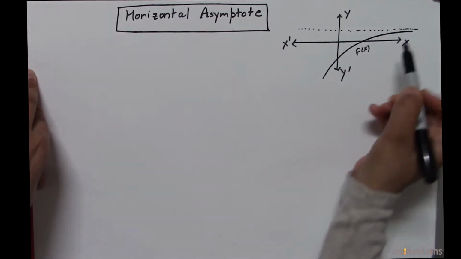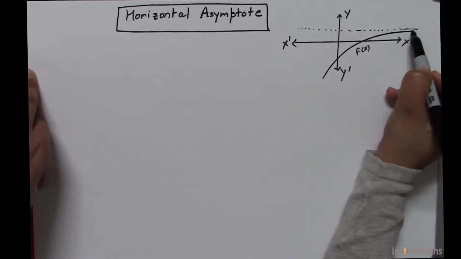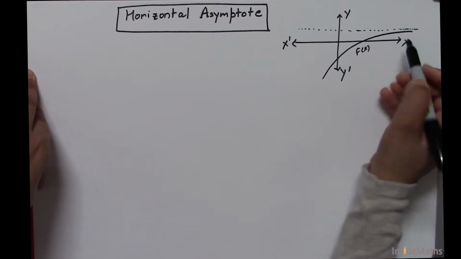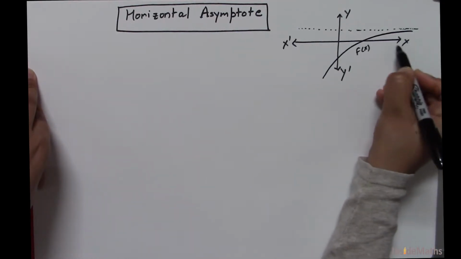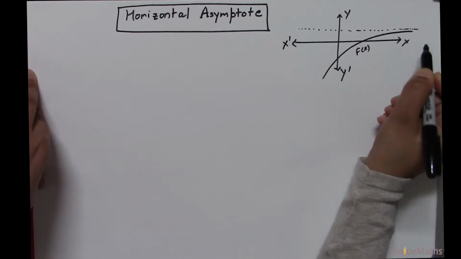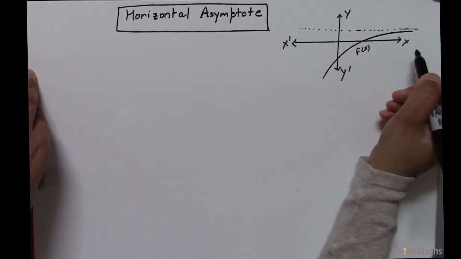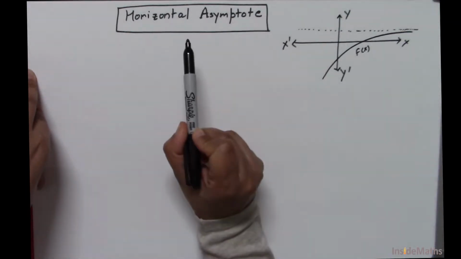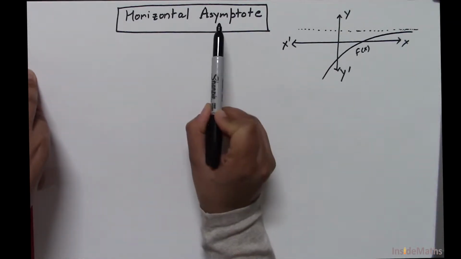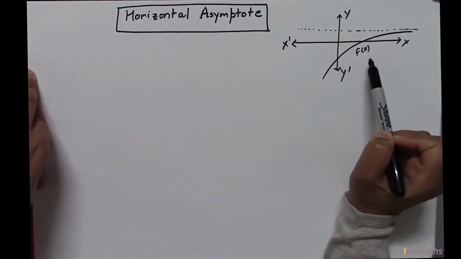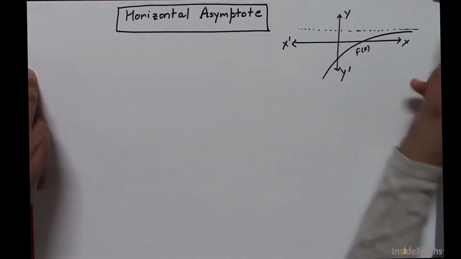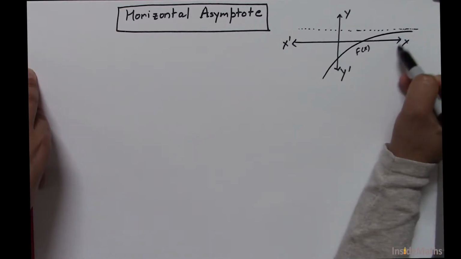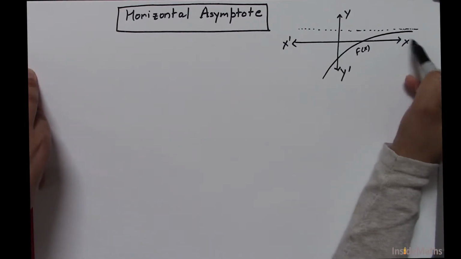That is, the distance between this line and the curve is getting smaller and smaller as x is getting arbitrarily large in magnitude, that means from any side. So, if there is a horizontal asymptote of some function, then this distance gets smaller and smaller when x is getting bigger and bigger.